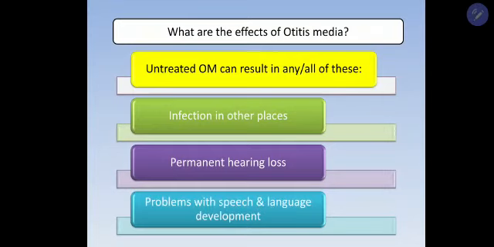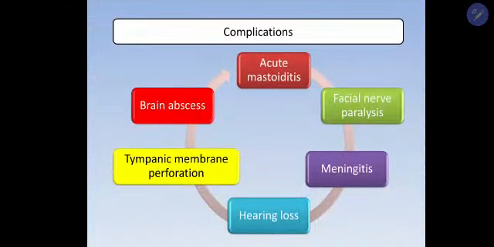Now, what will happen if it is untreated? Infection can spread to other places, hearing loss will be there, there will be a residual defect, and the child may develop problems with speech and language development. Complications are many, but you should at least know these patients are at risk of developing acute mastoiditis, because I showed you how the middle ear cleft is.